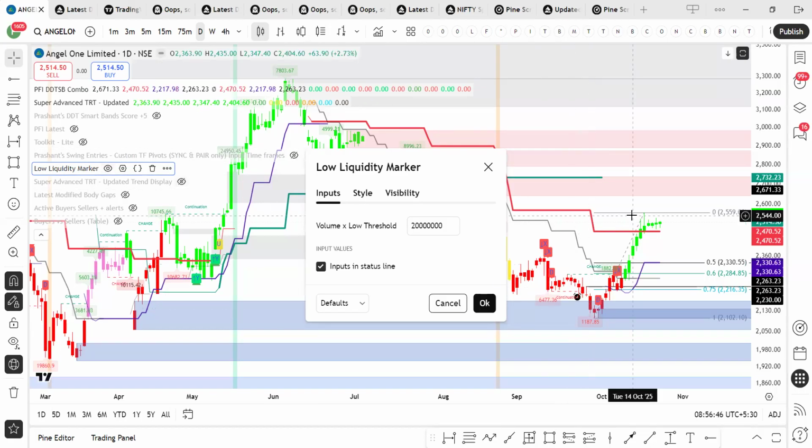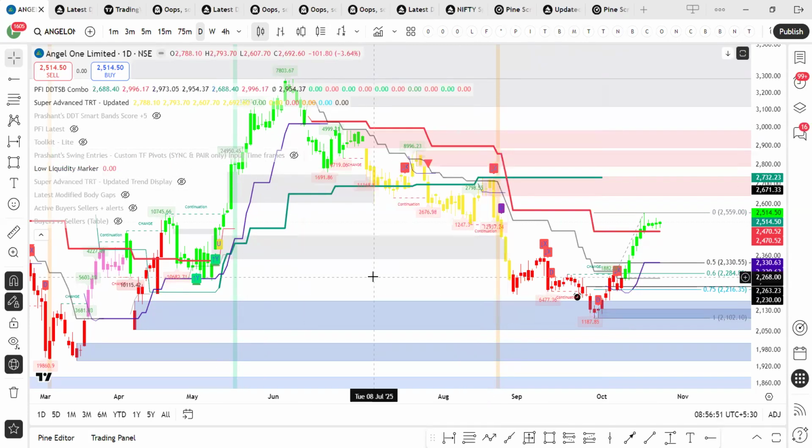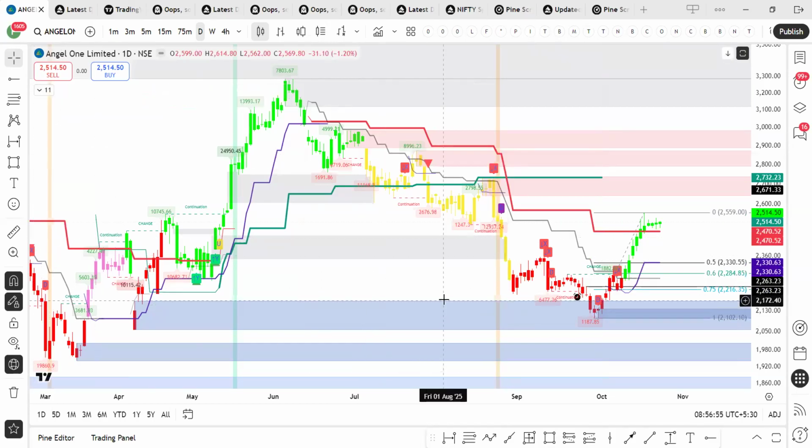If I don't know the stock, then I just check whether the stock is low liquid or has good liquidity. Another way is to check for those stocks which have only circuits. They are moving in upper circuits or they are moving in lower circuits. I avoid entry in these stocks because we cannot get adequate entry, we cannot get adequate position size, and we cannot exit in time.